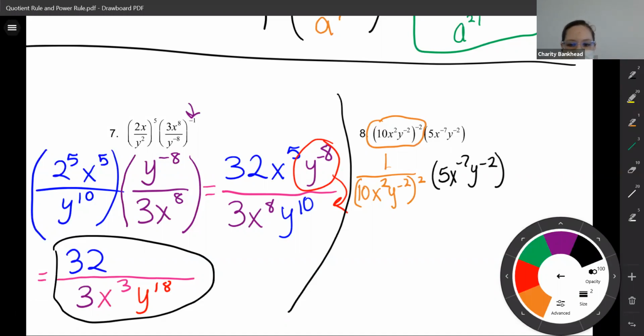All right, I'm going to go ahead and distribute the power of 2 here. So I've got 1 over 10 squared, which is 100. And then for the x, 2 times 2 is 4, so that's x to the 4th. And then for the y, that's going to be y to the negative 4.